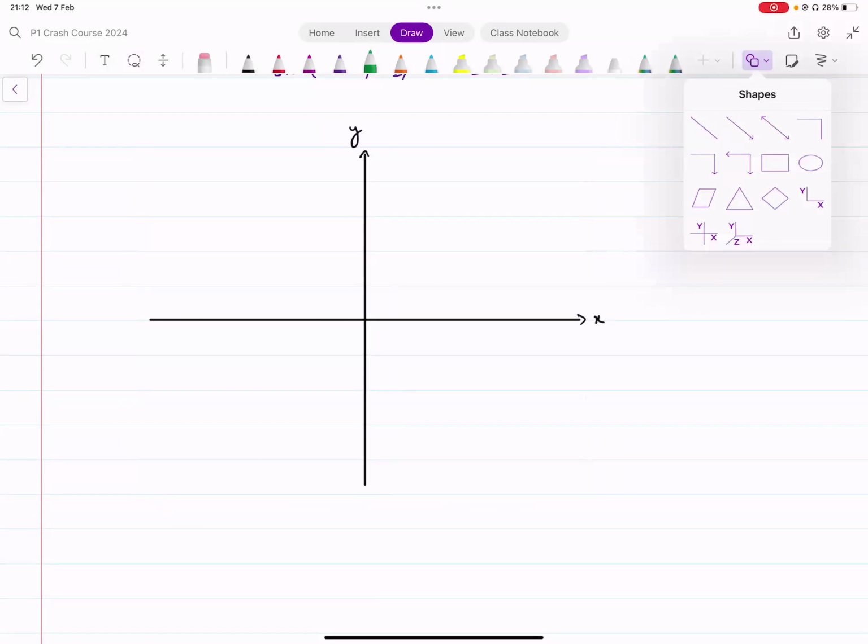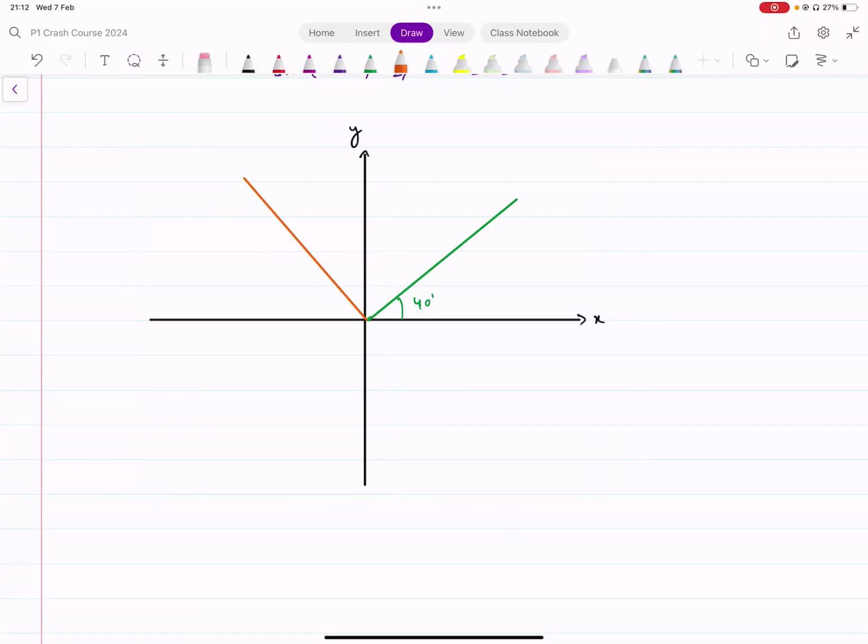Let me draw some lines. I have this line here. Let's say this line has an angle of 40 degrees with the x axis. I have another line here, and this line has, let's say, an angle of 60 degrees with the x axis. I draw another line here like this.